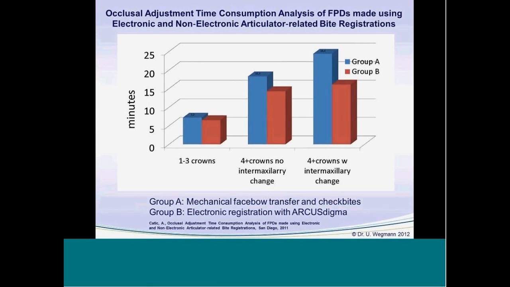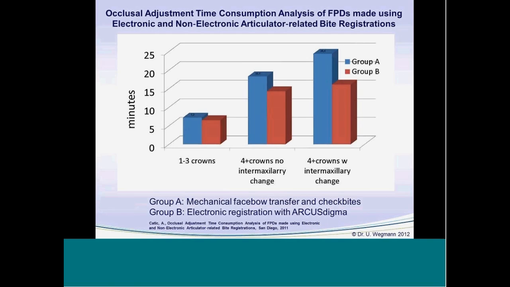We have to adjust this occlusion in the mouth of our patient, and that takes time. Here you can see some research about the time consumption of different restorations. In group A, it was done with mechanical facebow transfer and check bites, let's say the traditional way to do a registration.